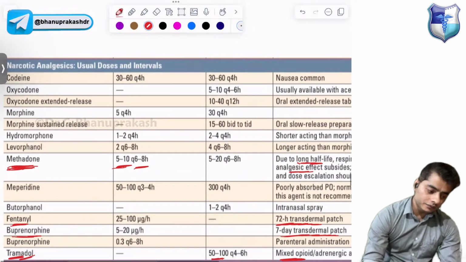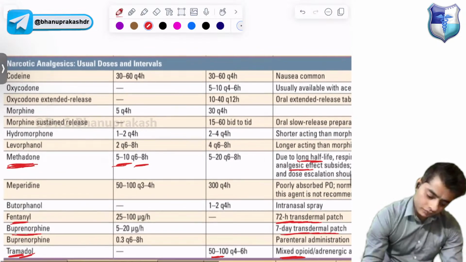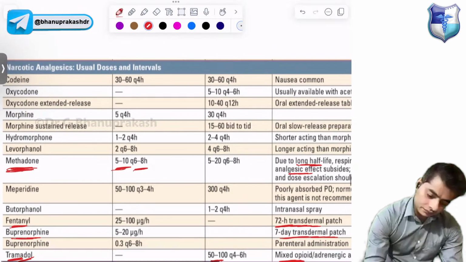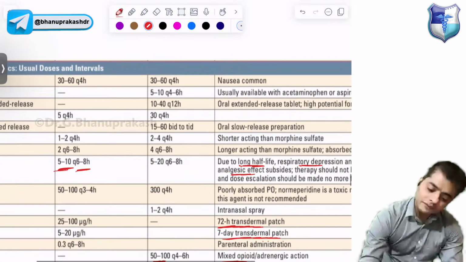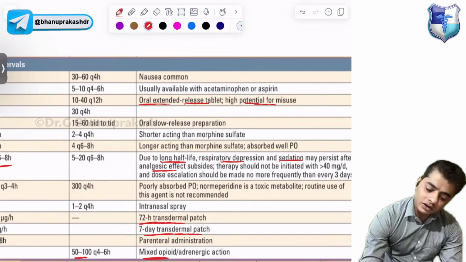And there is one more thing that comes in the market, that is oxycodone. It has an oral extended release tablet which has a high potential for misuse.